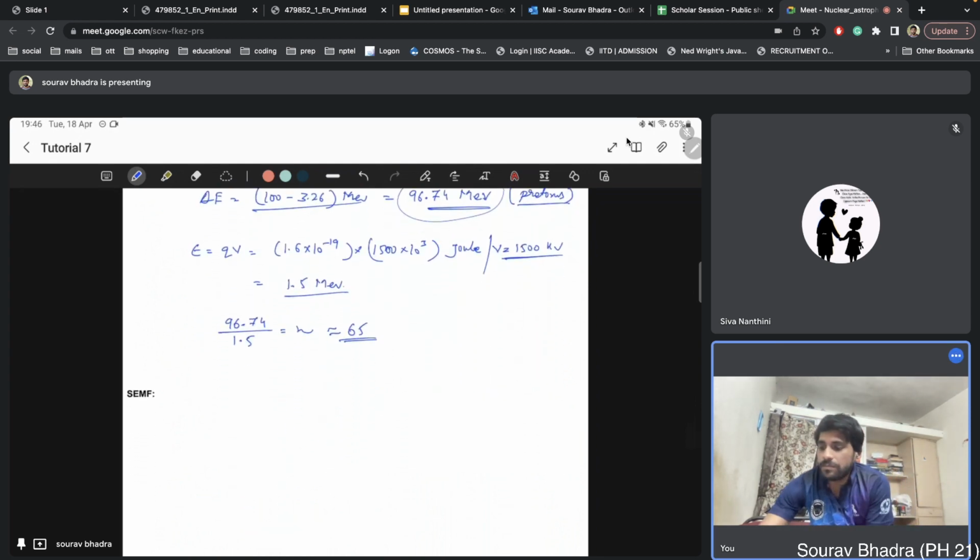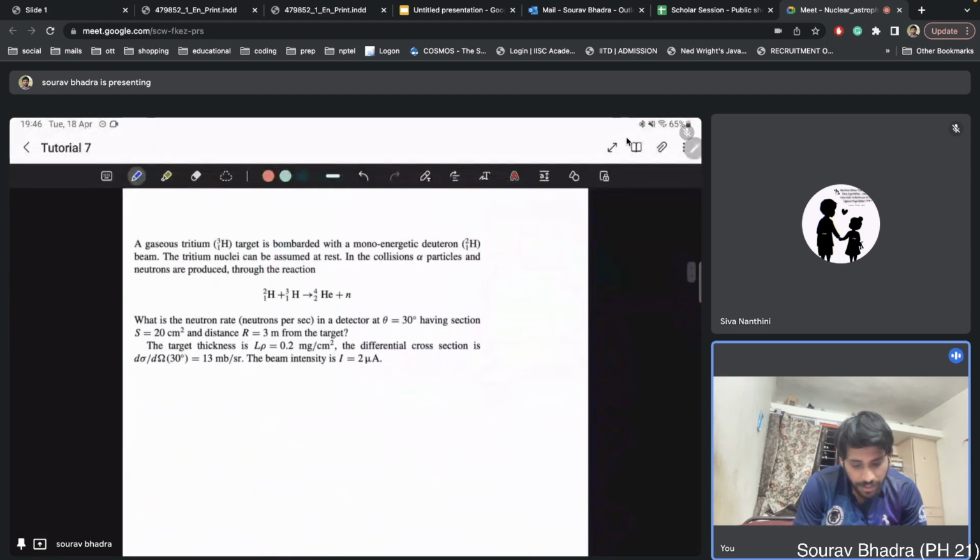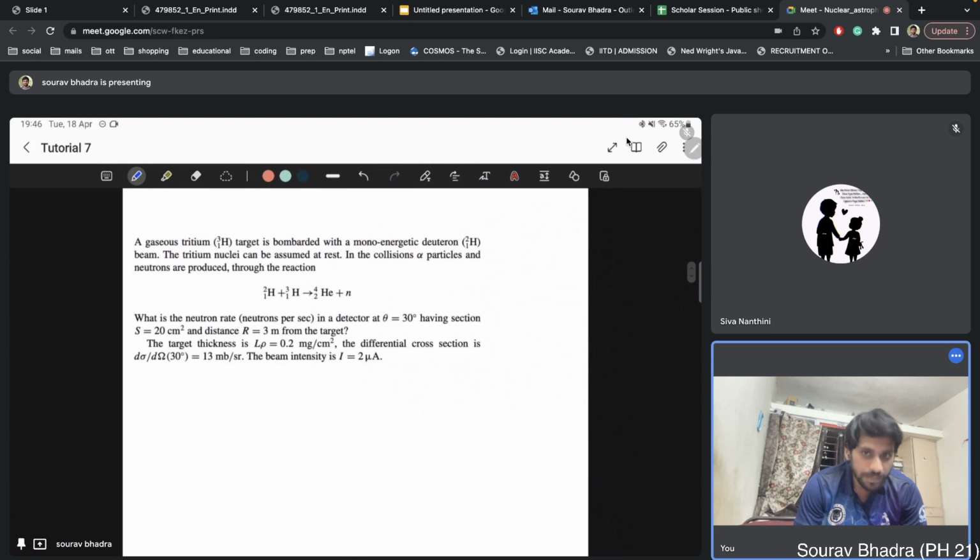Now these are very small problems. One problem I have not done, problem 3. I think it will be better to do it in the next class. So I am not doing this problem today. Then you will understand it better, and it will be more beneficial for you.